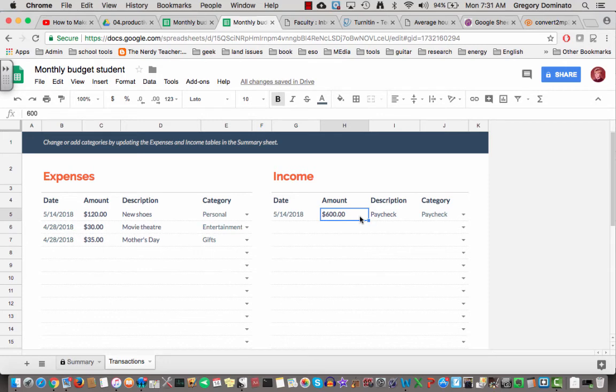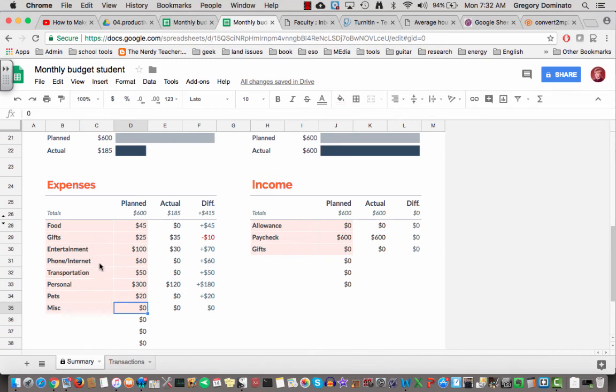I got paid 600 bucks, and I could say that's from McDonald's, let's say. So that when I come back to the summary, you'll see here's what I've planned to spend. Here's what my actual expenses are tracking to. I still got 180 bucks left of personal expense.